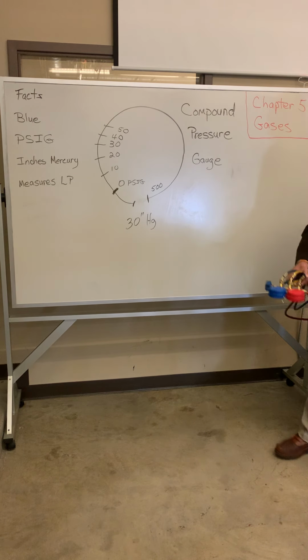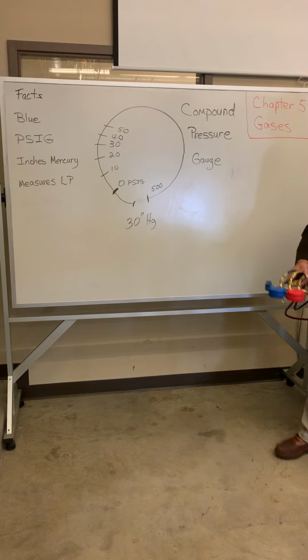Remember, atmospheric pressure is 14.7 pounds per square inch of force being exerted by the weight of the air over us. So at 0, it's measuring 14.7 pounds per square inch, or you could say it's measuring 1 atmosphere.